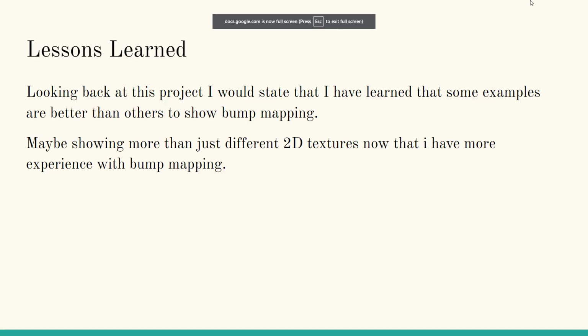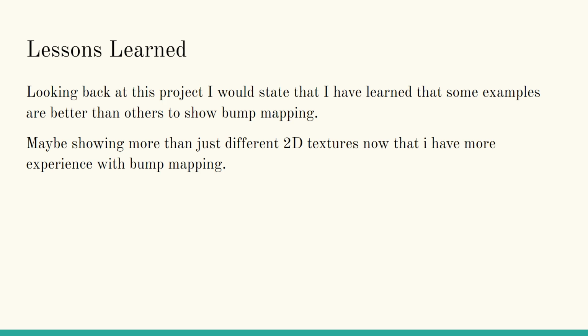For the lessons that I've learned, looking back at this project, I've learned that there are some examples where you should do bump mapping and some where you shouldn't. You should probably look at other avenues if you want to create depth, or maybe just make that 3D within itself. I know there are examples that I've shown that actually have worked, but I was not able to implement them correctly.